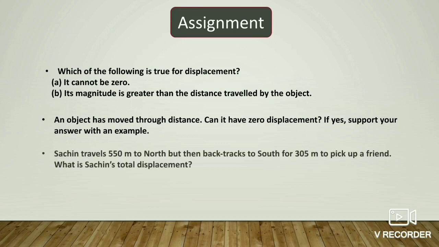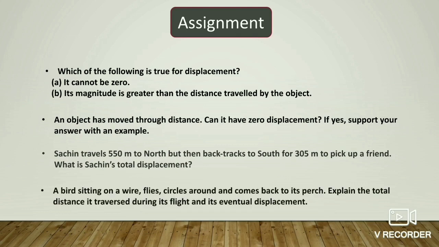Third question, Sachin travels 550 meters to the north but then backtracks to the south for 305 meters to pick up a friend. What is Sachin's total displacement? 4. A bird sitting on a wire flies, circles around and comes back to its perch. Explain the total distance it travels during its flight and its eventual displacement. You have to solve all these four questions.